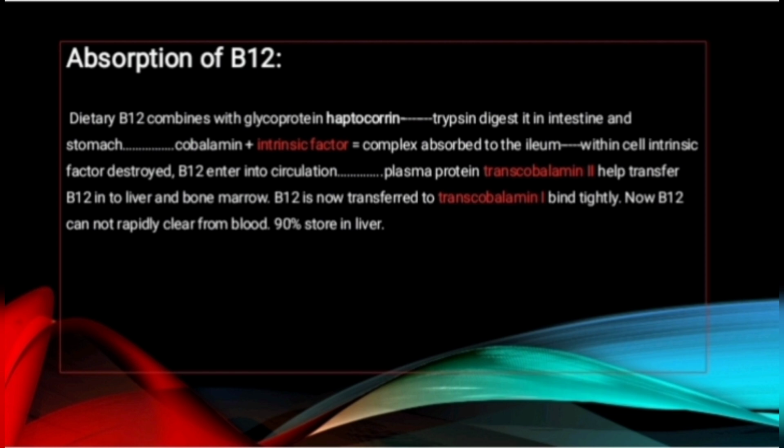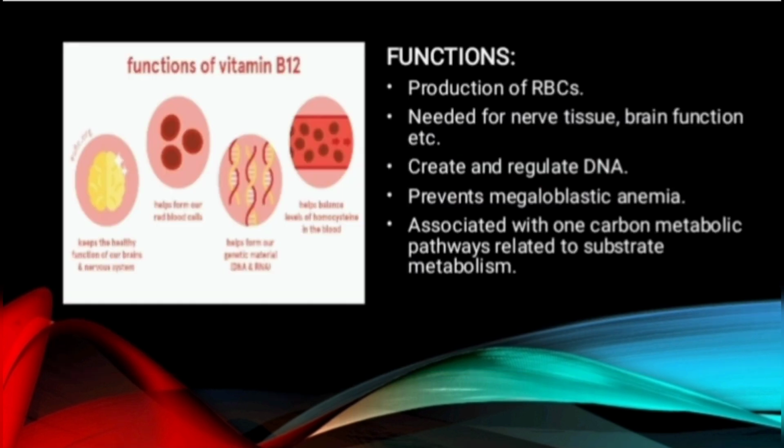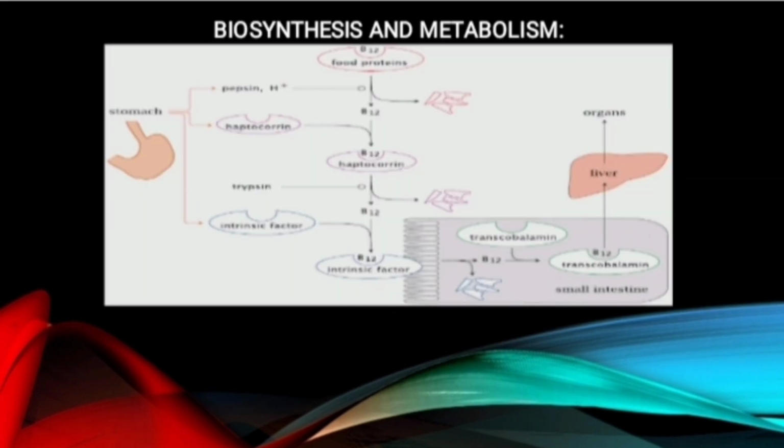In the circulation, vitamin B12 is taken up by the plasma protein known as transcobalamin 2. From this combination, B12 is taken up by the body cells, especially liver and bone marrow.